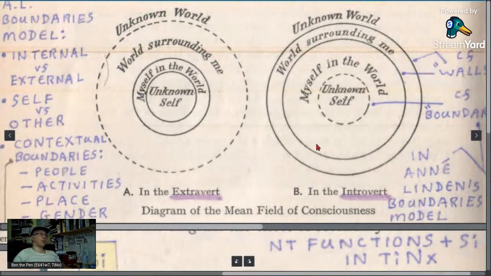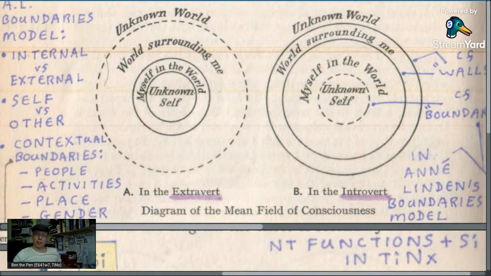So, ISTJ, the Sit, is an introvert, myself in the world. But they're also a concrete type. So it's almost like... I'm going to do a little graphic here that I should arguably have done before. But I will make an argument that there are some different degrees of extroversion and introversion, and that there's an overlap between some ideas.